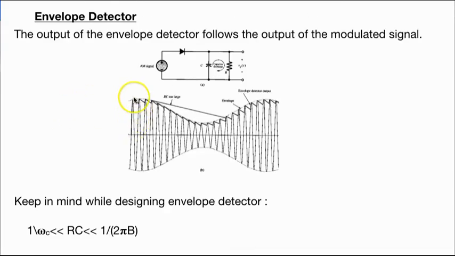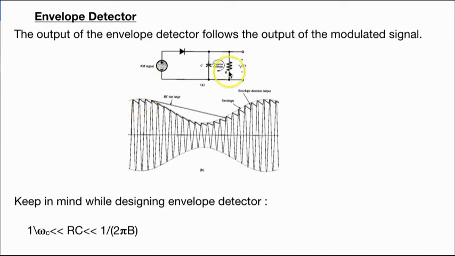Now, the envelope detector follows the output of a modulated signal. You can see a very good example in this. With the help of the C and R filter, like capacitor and resistor, the output follows the trail of the input signal.